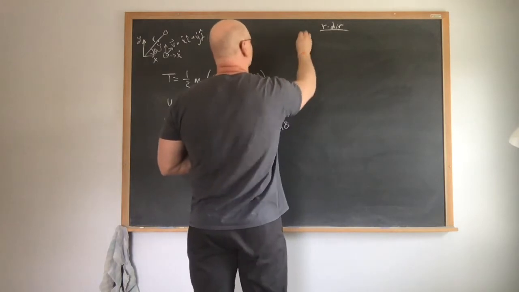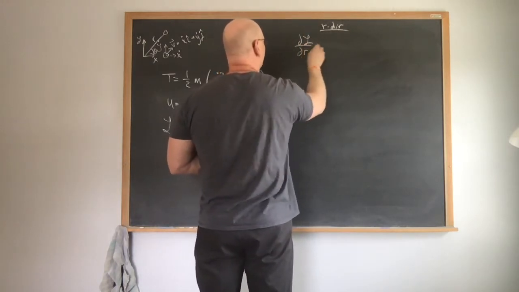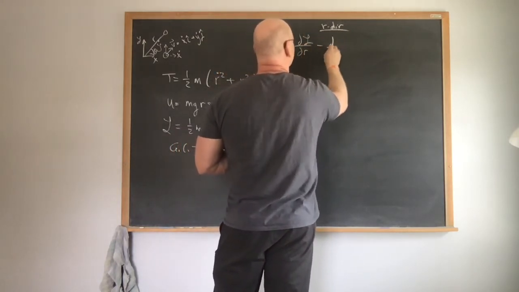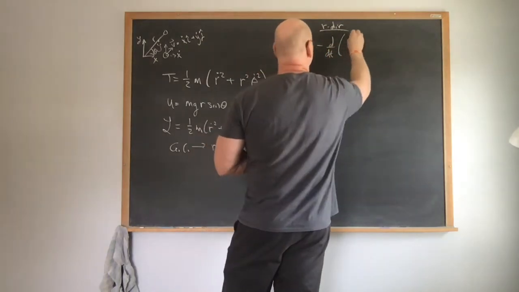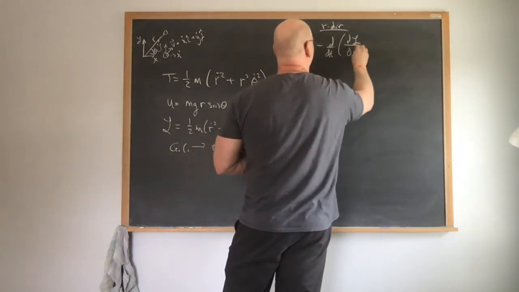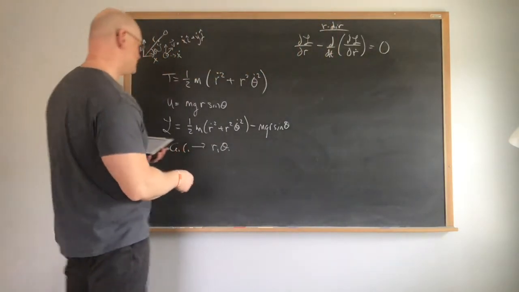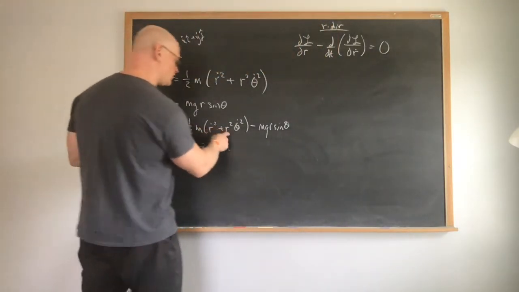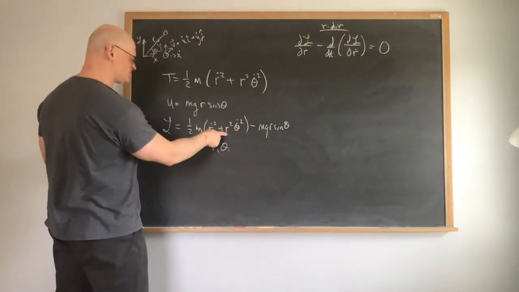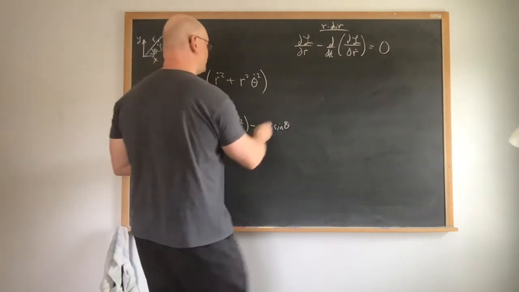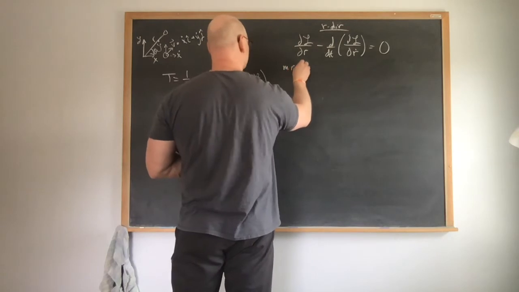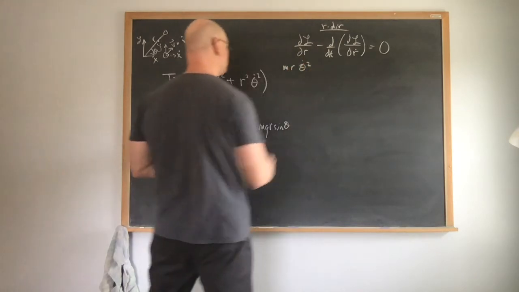For the r direction, we're going to get the partial of the Lagrangian with respect to r, minus the time derivative of the partial of the Lagrangian with respect to r dot, all equal to 0. So I take the partial with respect to r. I have two terms which depend on r. This one is going to give me m times r times theta dot squared.